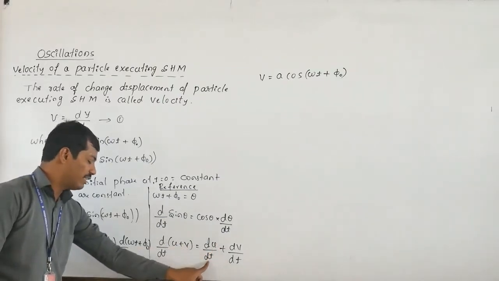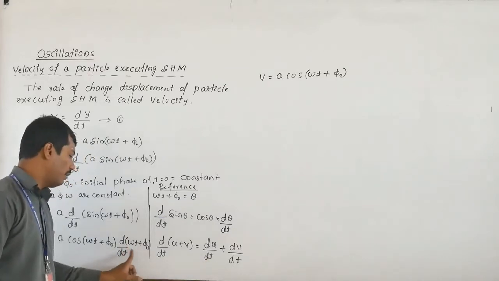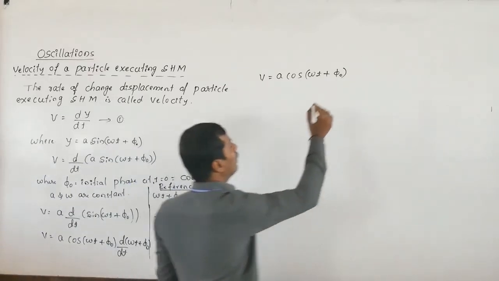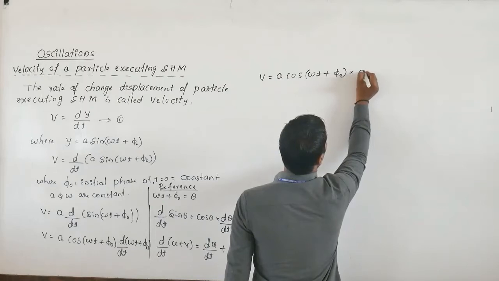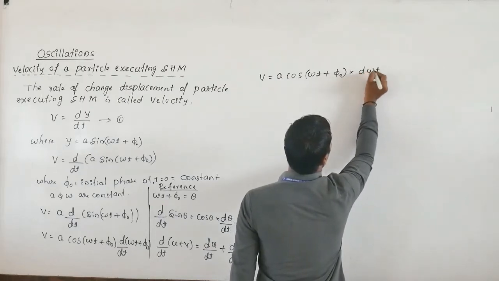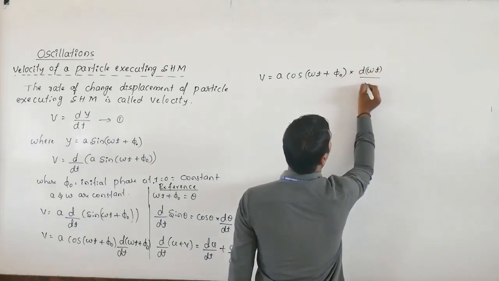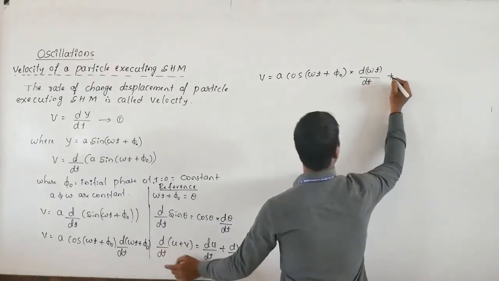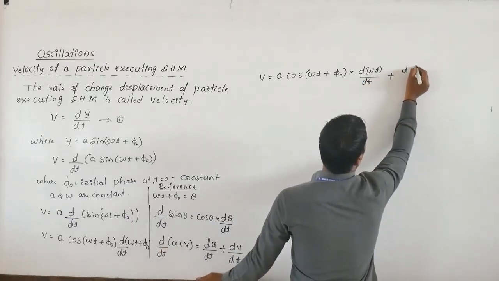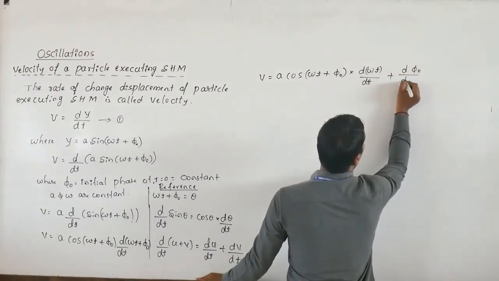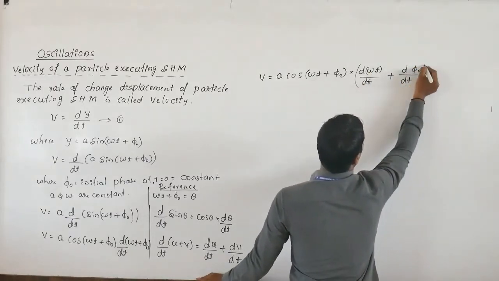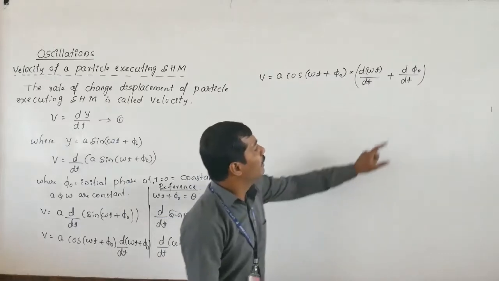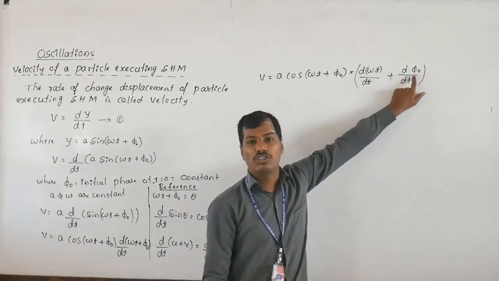du by dt is nothing but what? d omega t by dt here, plus d phi naught by dt is there. But this phi naught is constant.